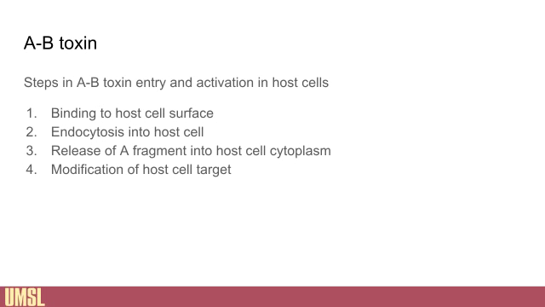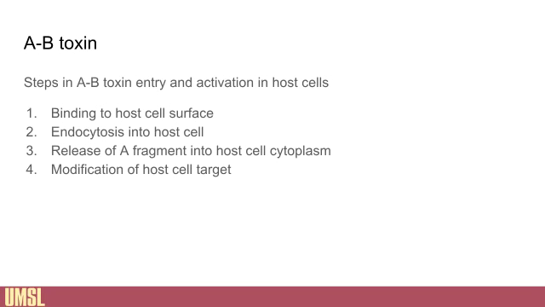Host cells take these toxins up into vacuoles, or small endosomes, and this process of phagocytosis of these toxins results in release of fragment A into the host cell cytoplasm, or in some cases, as we'll see later today, into different organelles.